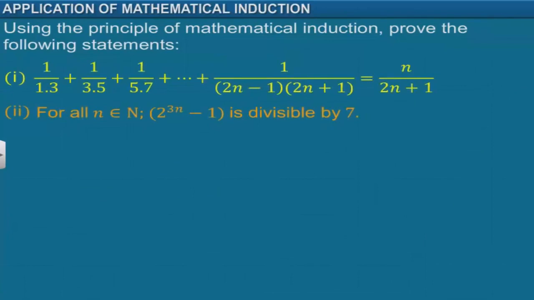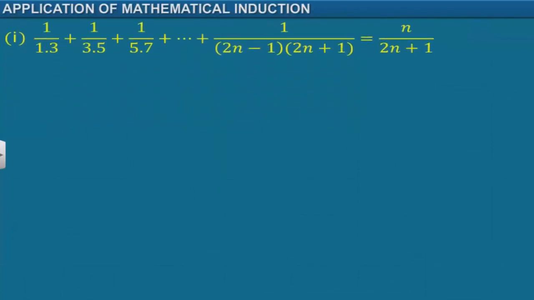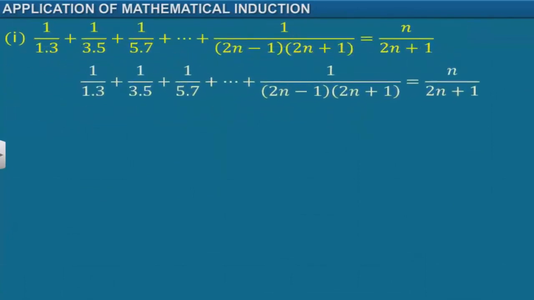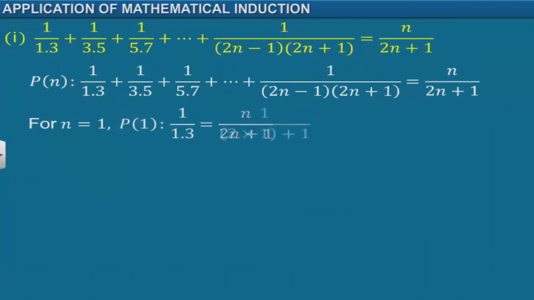Let's begin with the first statement. Let the given statement be P of n. Let's check the truth of the statement for n equal to 1. For n equal to 1, both sides of the statement are equal. Therefore, P of 1 is true.